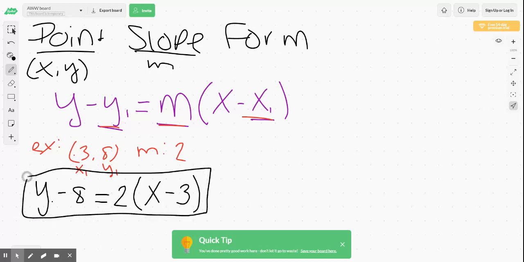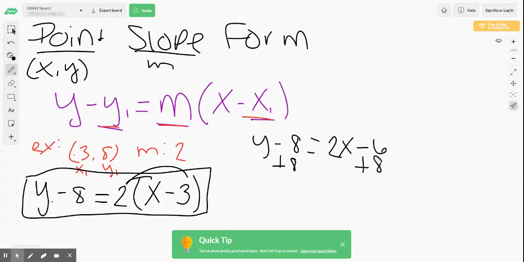Okay, we are going to take it a step further. So the first thing we're going to do, and you guys have already done this, is we're going to distribute that 2. So I have y minus 8 equals 2x minus 2 times 3 is 6. And then I'm going to take this 8 and I'm going to add the 8 to both sides so that I can cancel it there.